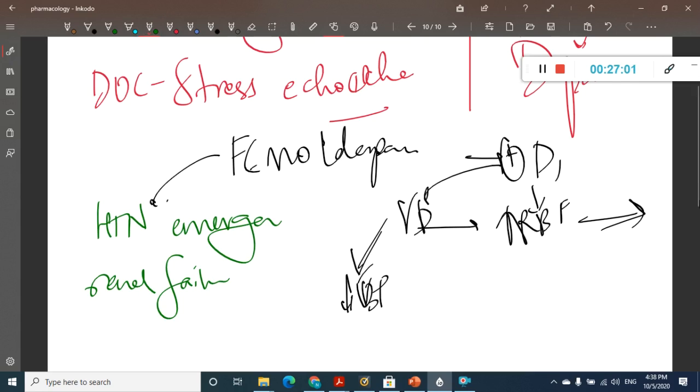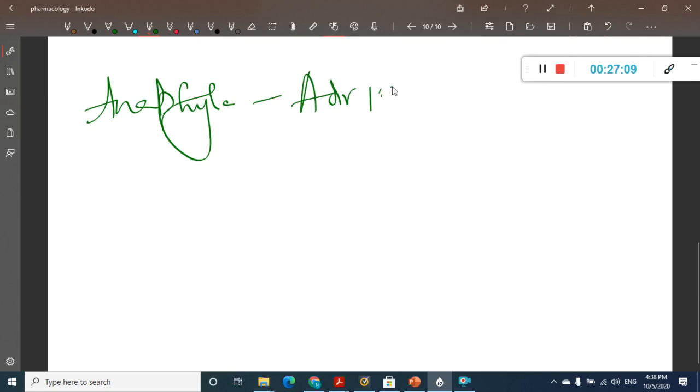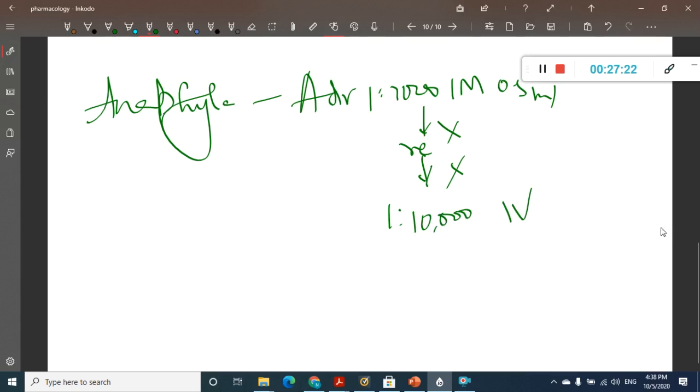Then the last thing here is the summary. So if you see anaphylactic shock, what do you give? In anaphylactic shock, you give adrenaline, that is 1 in 1000 IM, 0.5 ml. You will have to repeat the dose if there is no effect, and even if there is still no effect, then you will have to give 1 in 10,000 solution IV.